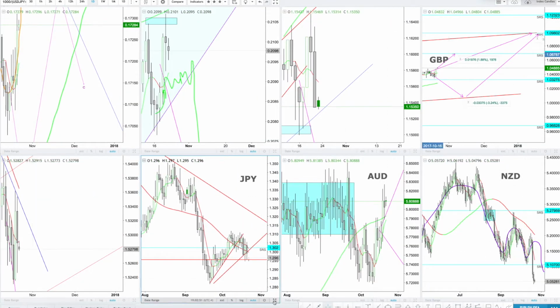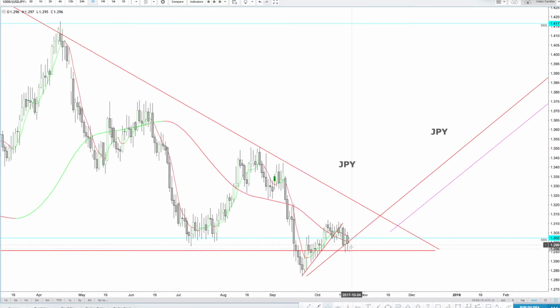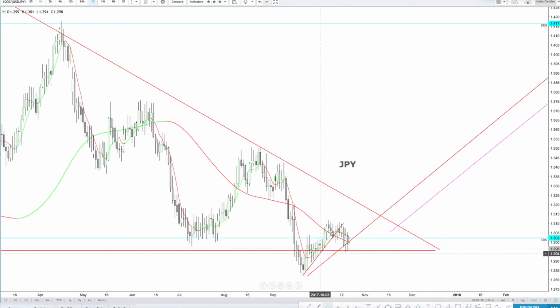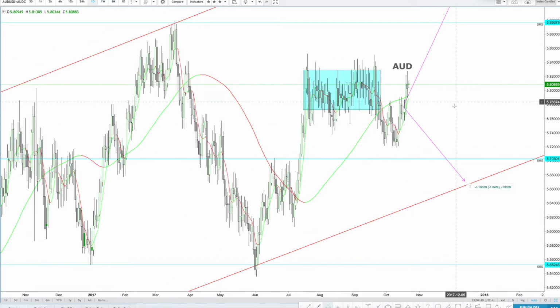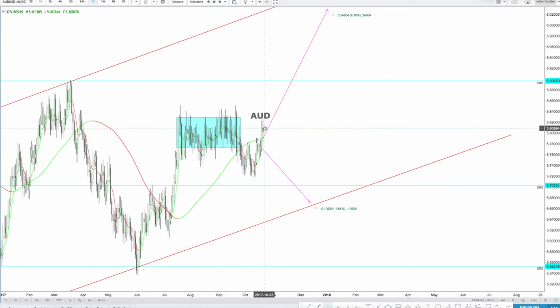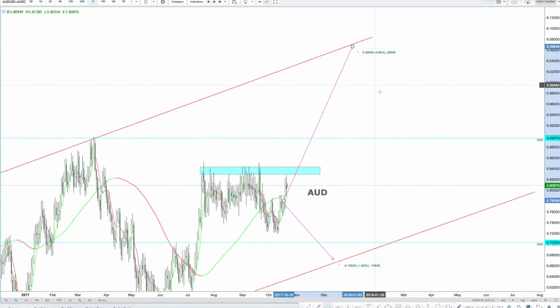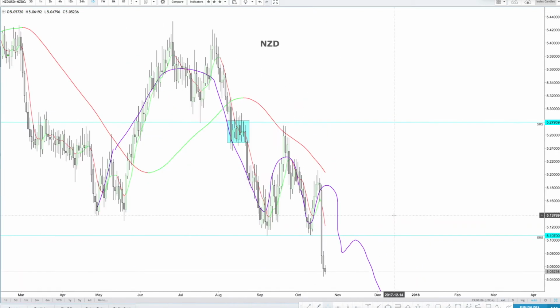So Japanese yen. Australian dollar, because again in the middle of these highs, we're looking for an LSS pattern.